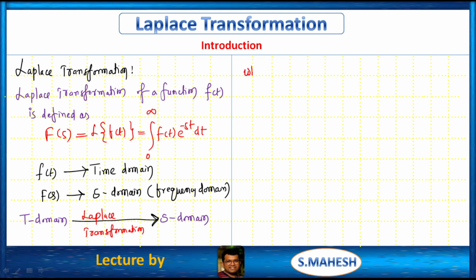Where S is what? The transformed variable, from T to S. Simply, the Laplace transform of f of t is equal to F of s, which is in the complex frequency domain.